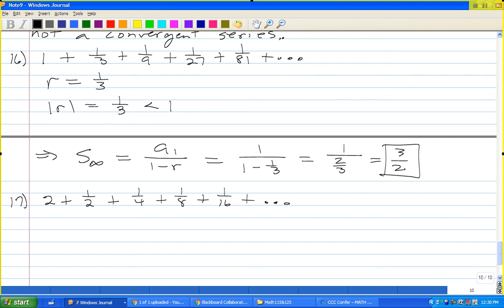Notice that this is not a geometric series, but now I just put parentheses around this. This is a geometric series. And so the 1/2 plus 1/4 plus 1/8 plus 1 over 16, etc., is a geometric series. So I can find the sum. First, let's find the common ratio of this geometric series, 1/2.